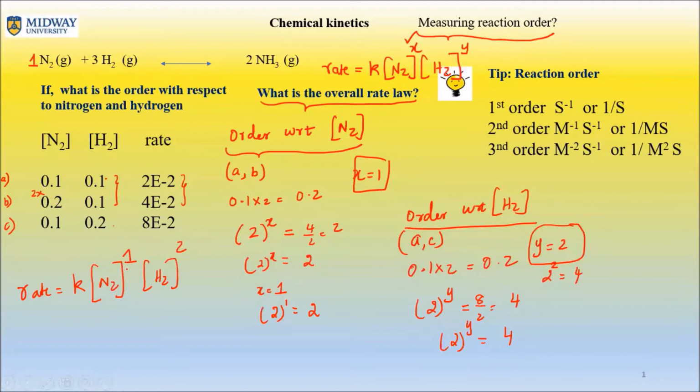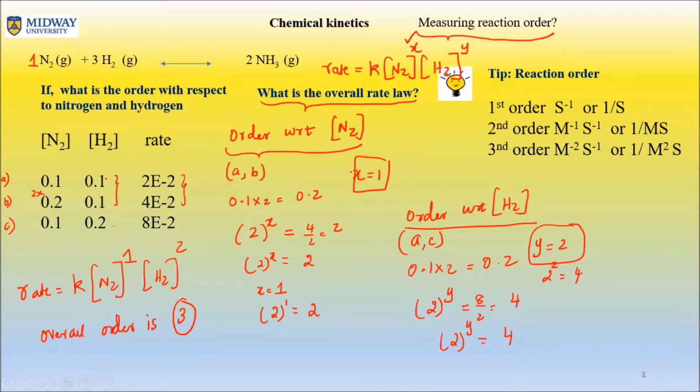Now, in this case, N2 turned out to be 1, but you cannot do that just from looking at these numbers. You see, if you had written 3, that's not what the actual order is. So the order with respect to N2 is 1, the order with respect to H2 is 2. Overall order equals 3.